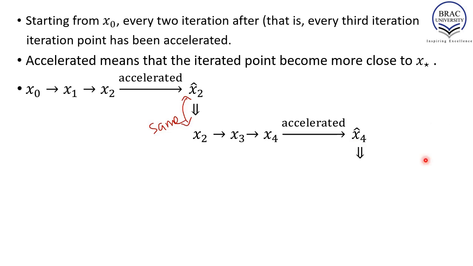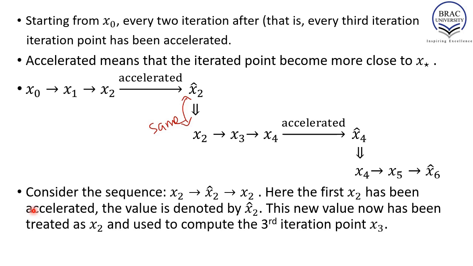So then from x4 hat we take this to be the new x4 and then apply iteration again, so x4 to x5 and x5 to x6, or x is actually not hat, it will be x6, and then from here we compute the x hat. So our iteration is applied in here and here and also here. Okay, that's how it continues until we get our error within the bound.